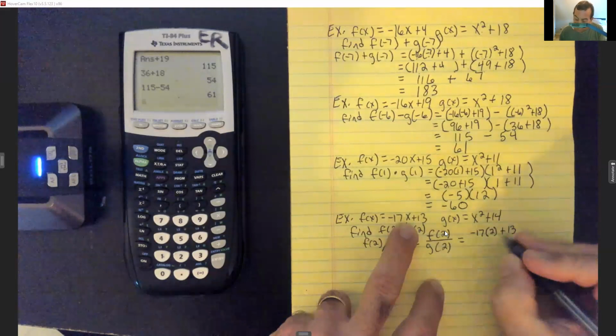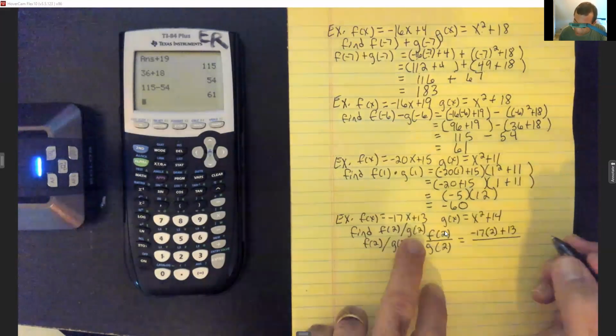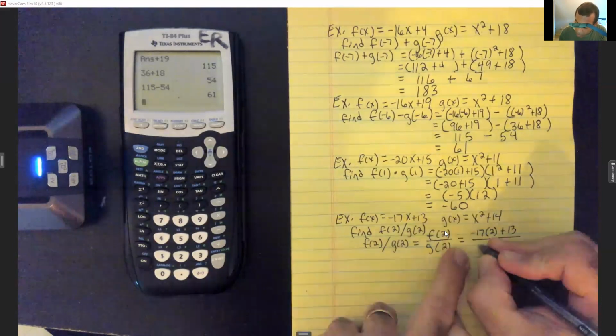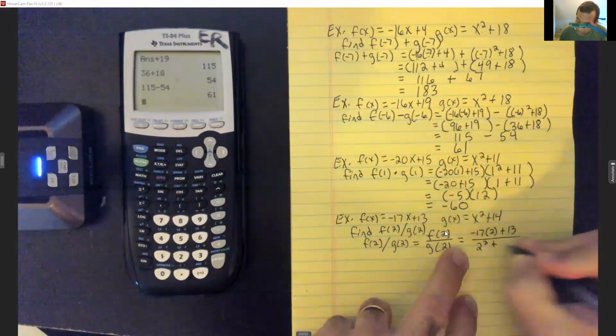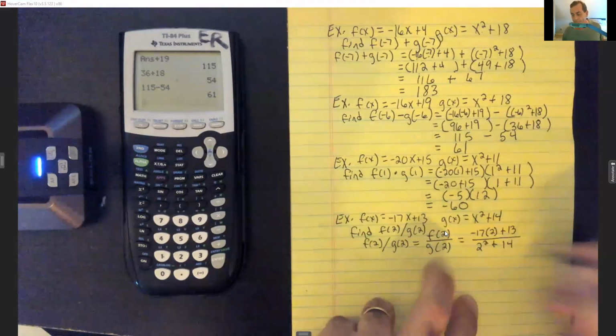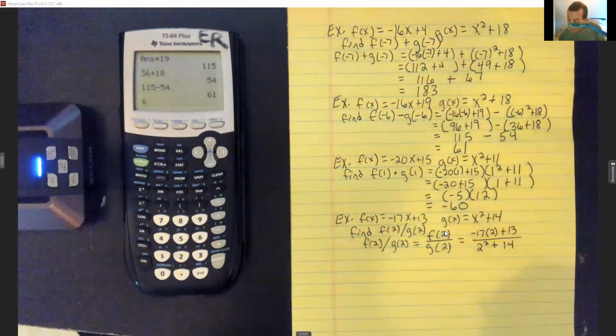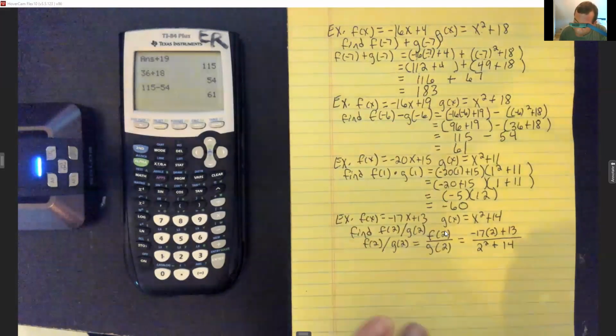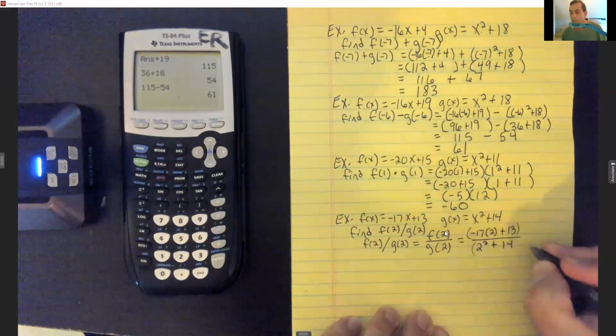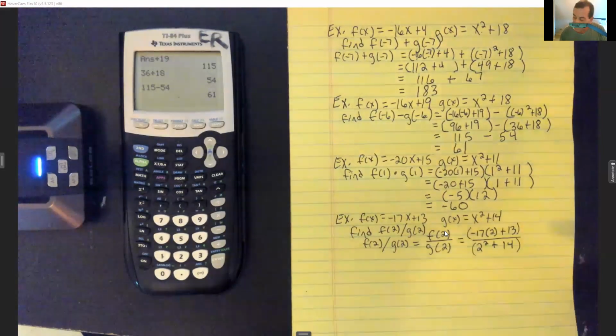On bottom, I got my g, which is x squared, so that'll be 2 squared plus 14. Now, if I was doing this on the calculator, I would actually put parentheses around the top and the bottom to get this right on it, okay?